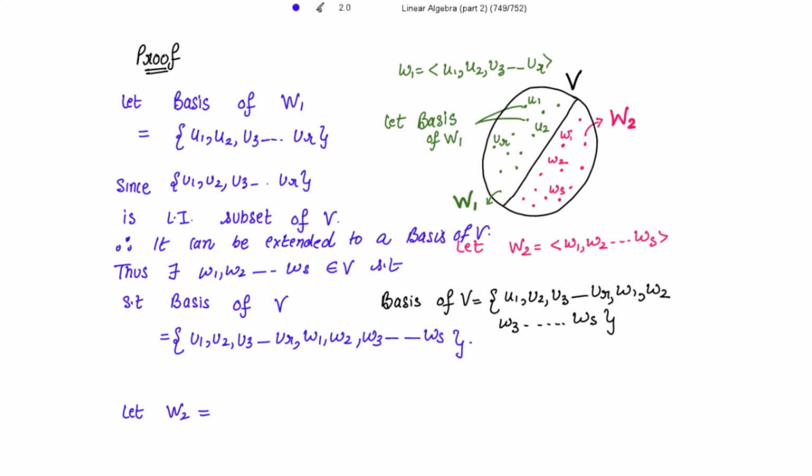So these are the basis of V. I have already written that over here. Up to this point it is clear. Now the remaining ones, let's say that W2 is spanned by W1, W2, W3 up to Ws.